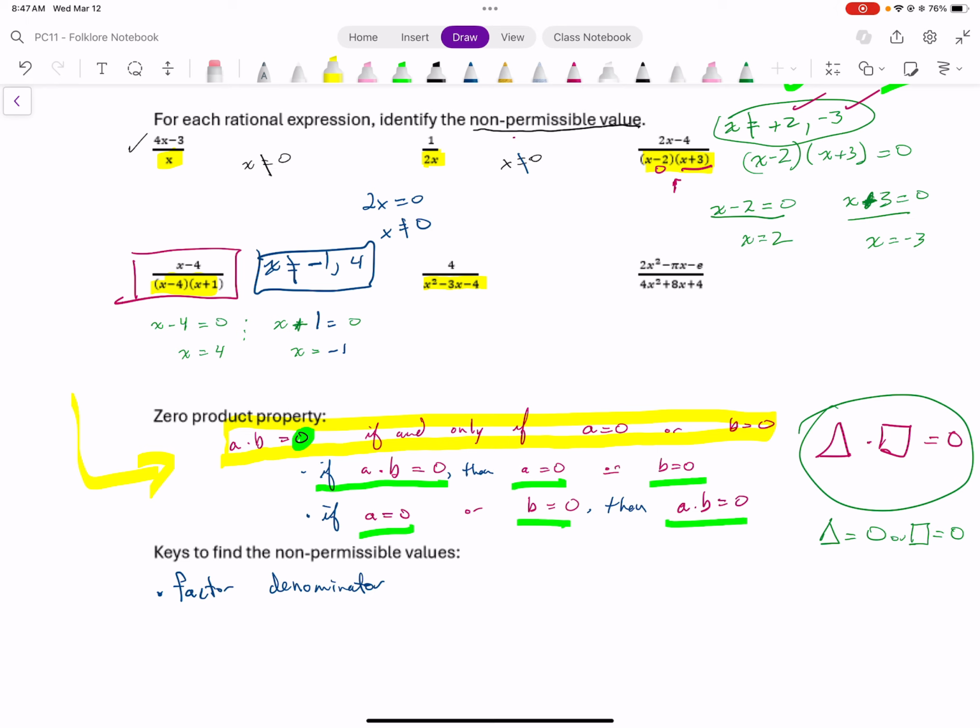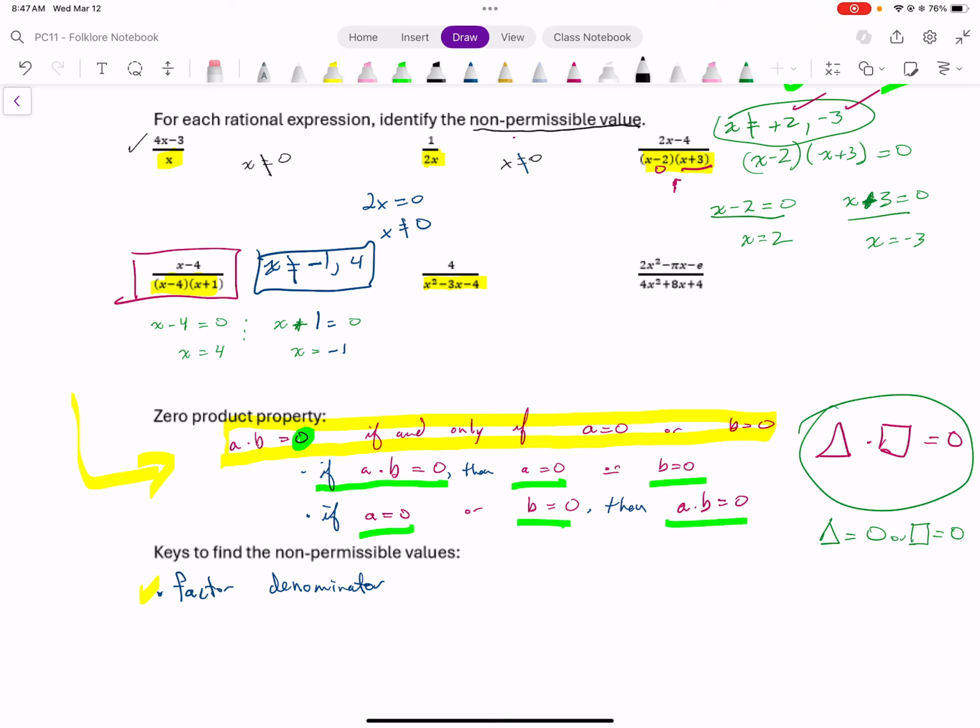What are my non-permissible values here? Now, mental math sort of taps out here. When is that denominator equal to 0? I have no idea. You could take a guess, or you could follow the key to find non-permissible values and see if it hits you.